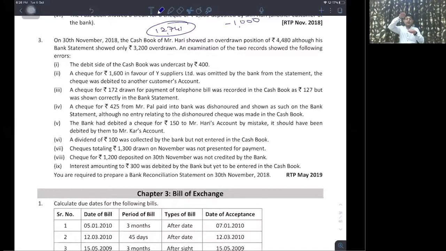If your starting point is passbook, PB to CB add. अल्टीमेट इफेक्ट सेम रहेंगे. मैं यहां लिखता हूं PB as the starting point, CB as the starting point. तो अगर आप CB to PB आ रहे हो तो less, PB to CB जा रहे हो तो add less. समझ रहा है क्या मैं क्या कर रहा हूं?